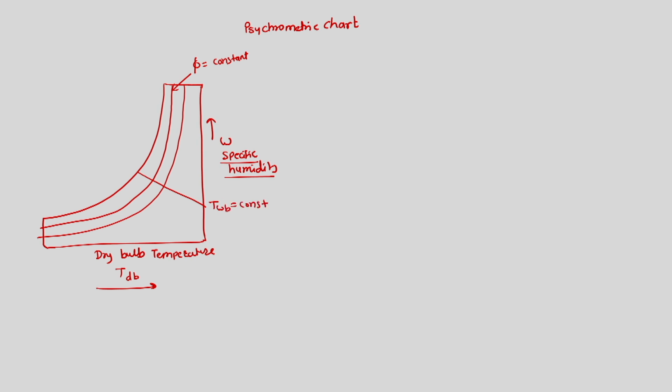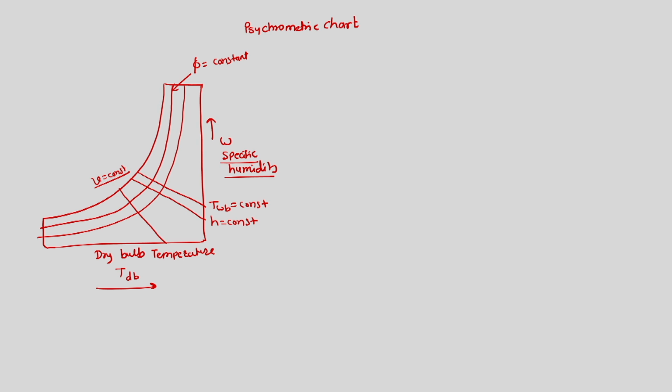This is a constant wet bulb line, and a constant wet bulb line can also be treated as a constant enthalpy line, since they are almost parallel with each other. So this is H constant, and then there is one more line which is specific volume constant.